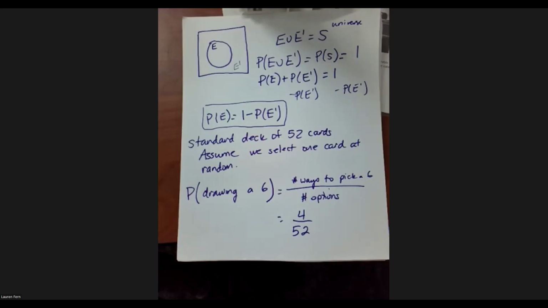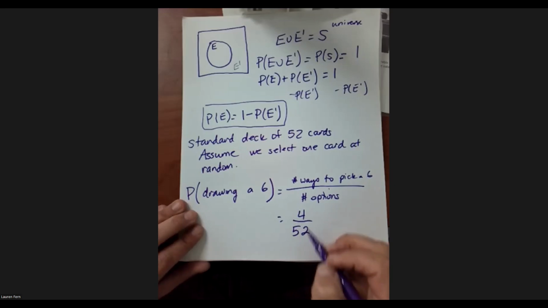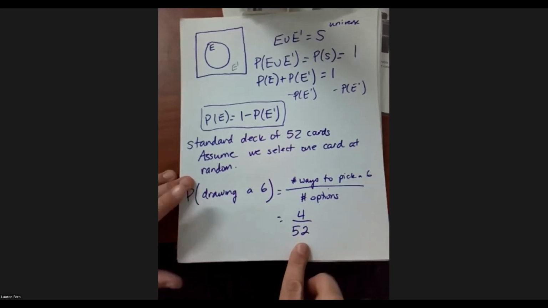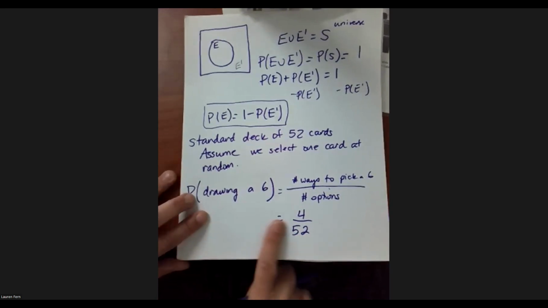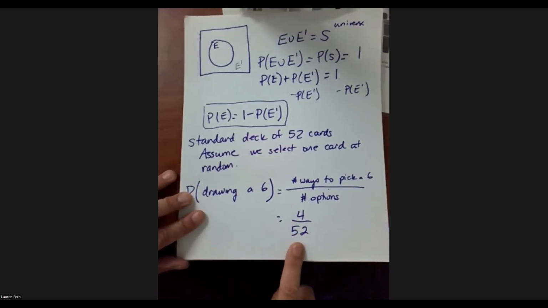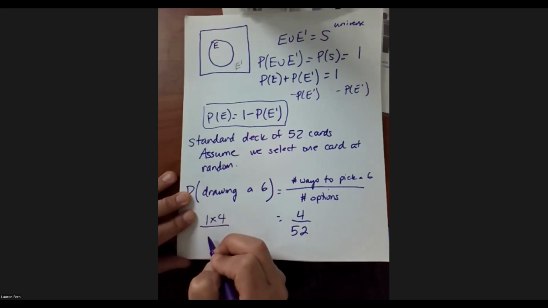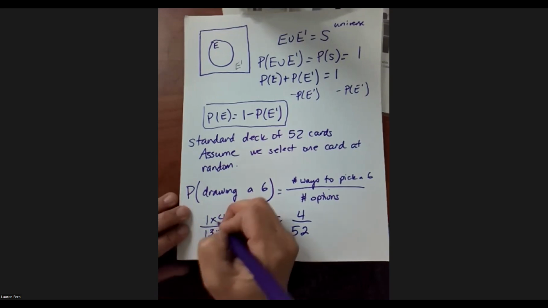But again, tests are timed experiences, and I have to think very mindfully about how I want you to be spending your time. But I'm not going to go into detail on fractions here. If anyone needs extra assistance, I can point you to that. But what you could say is the numerator is 1 times 4, the denominator is 13 times 4.